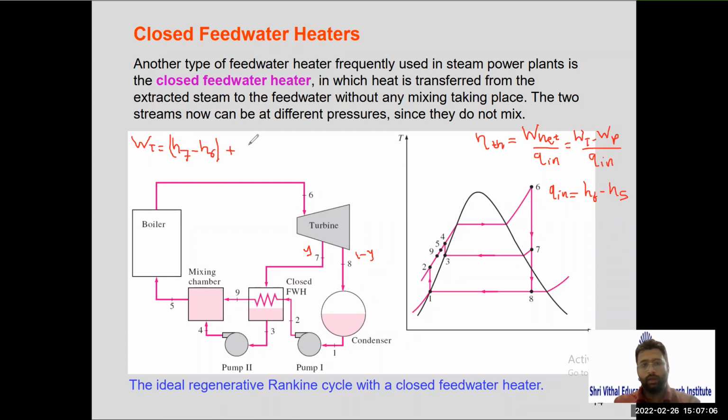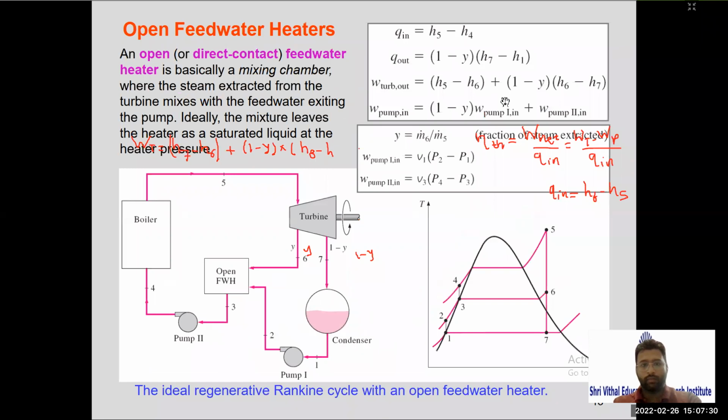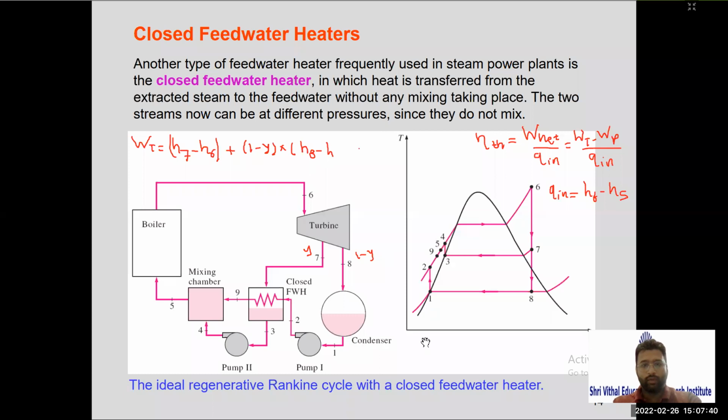After extraction of steam, it will be 1 minus y, that is the mass flow rate of steam, into H7 minus H8. This will be the total work done in the turbine.